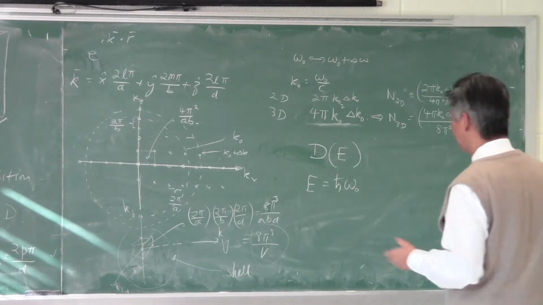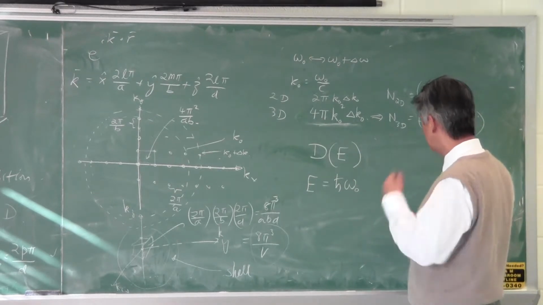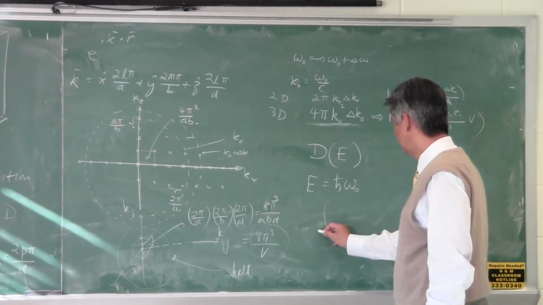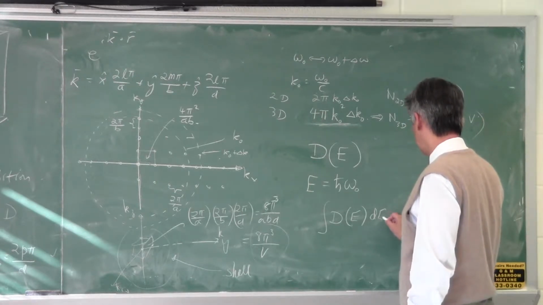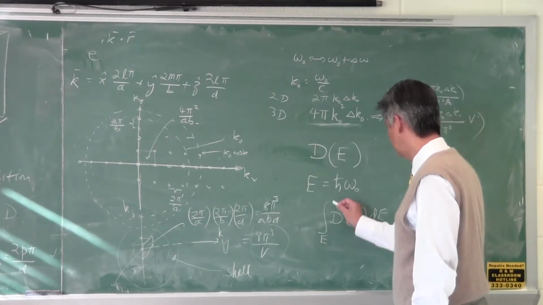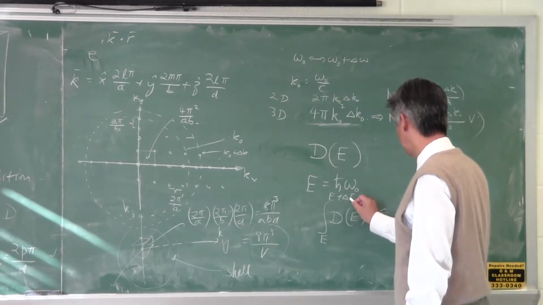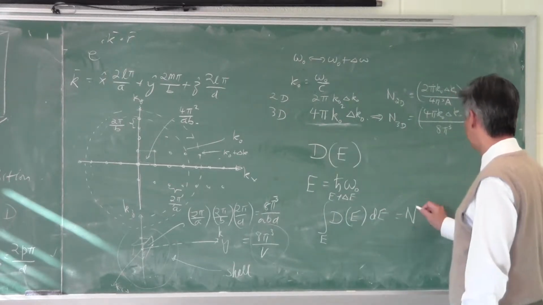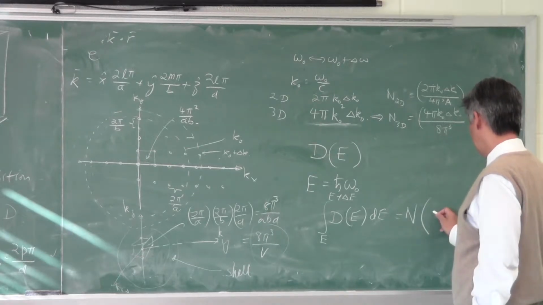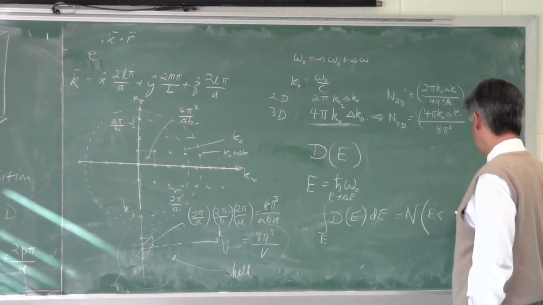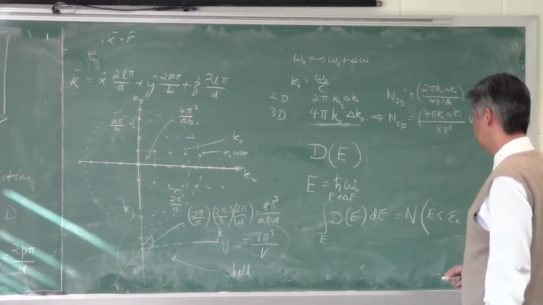And if you were to write this density of states function, it has the property that if I integrate it between E and E plus delta E, it will give me the number of states, for all the states with energy between this range.